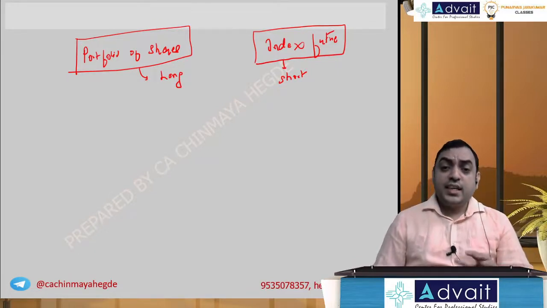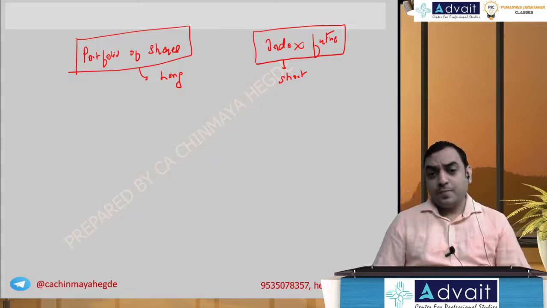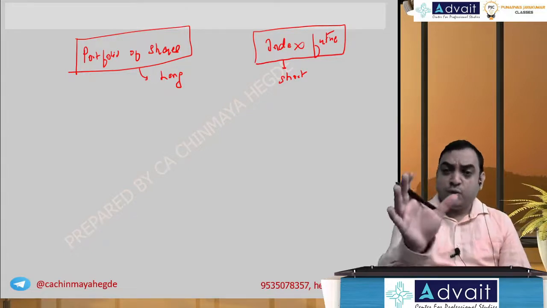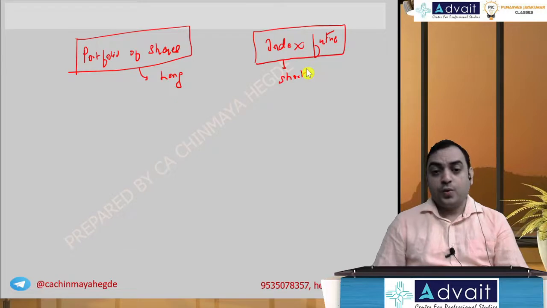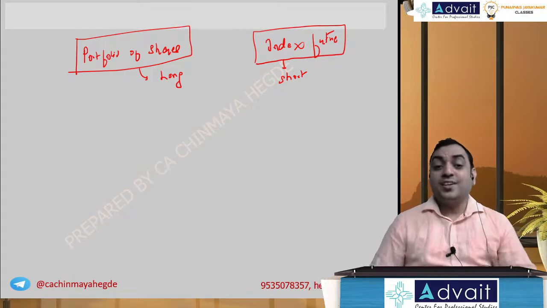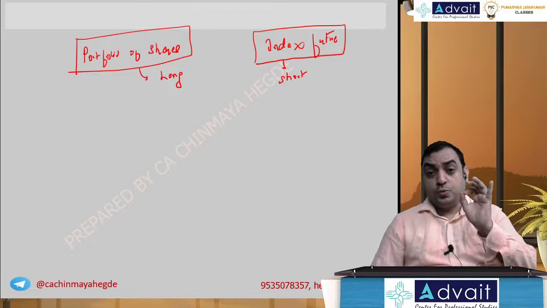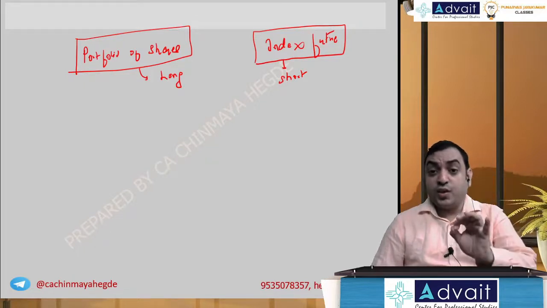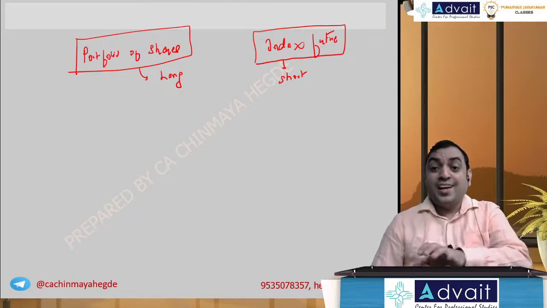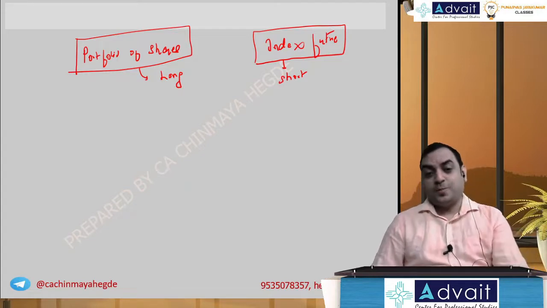And one more thing: can I say the amount should be equal? Amount of portfolio of shares will be equal to amount of index future? No, that is not true. Why is that? Because the risk is not equal. How do you measure risk? Risk is measured through the movement of a security, movement of the portfolio compared with the market.